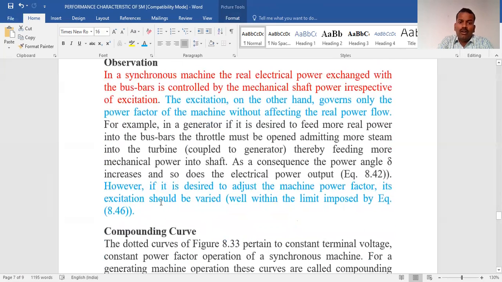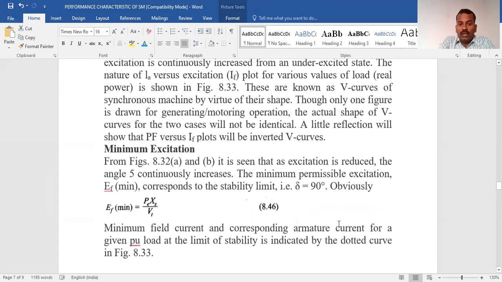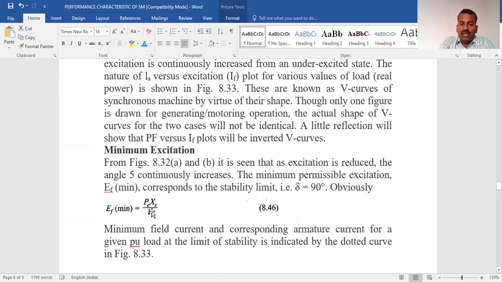Okay. However, if it is desired to adjust the machine power factor, its excitation should be varied well within the limit imposed by equation 8.46. What was that? Equation 8.46. This minimum excitation must be there. To sustain or retain this minimum excitation voltage, we govern the excitation voltage and torque angle delta.